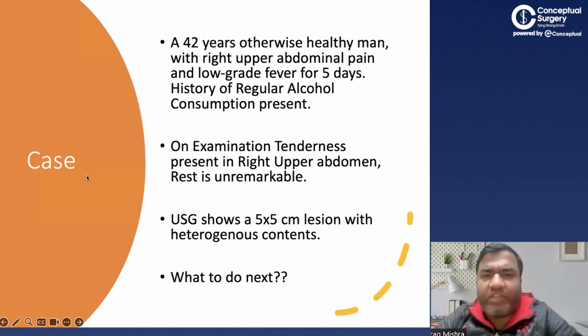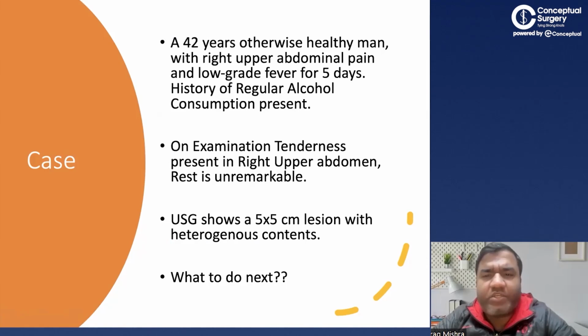So we're starting with a case. Let's say there's a 42-year-old, otherwise healthy man who presented to the surgery department with right upper abdominal pain and low grade fever for 5 days.